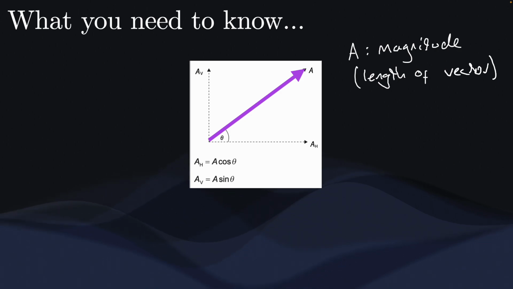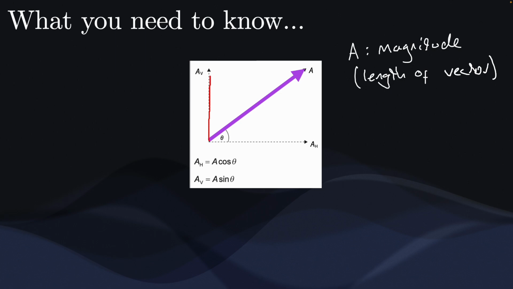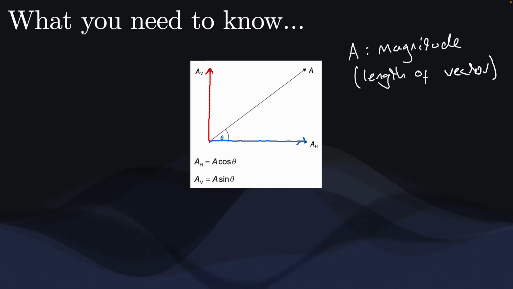Now, what's really important is a vector in two-dimensional space, which is what you really need to know for IB physics and IB maths. You need to know 3D vectors as well, but here I'm just going to look at 2D ones. What's really important is that there are two components: the vertical component of a vector and the horizontal component of the vector. What do these mean? Let's go back to our little spaceship flying.